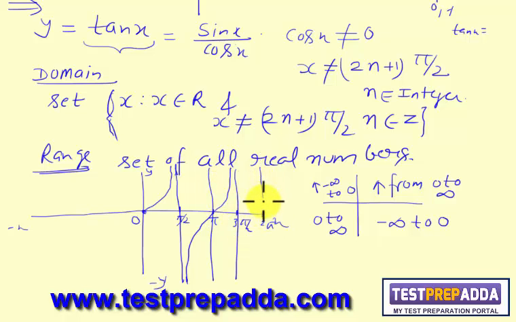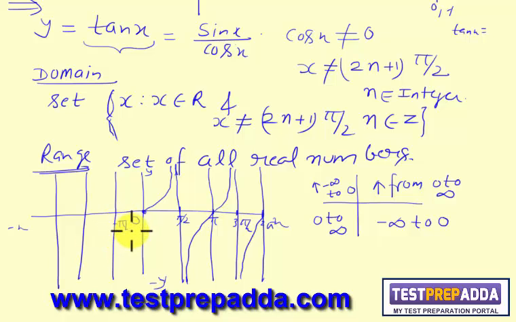Now, in the fourth quadrant, minus infinity to 0. Okay. Now, if I extend this side, it is minus pi by 2, minus pi, minus 3 pi by 2, and then minus 2 pi. So same diagram will come like this.